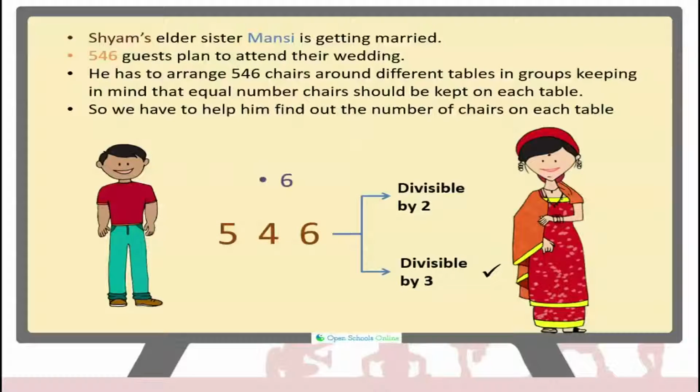The divisibility rule of 2 is a number is divisible by 2 if it has 0, 2, 4, 6 or 8 in its ones place. Look here, we have got 6 at ones place. That means 546 is divisible by 2, and that also means that we can arrange 6 chairs around each table.